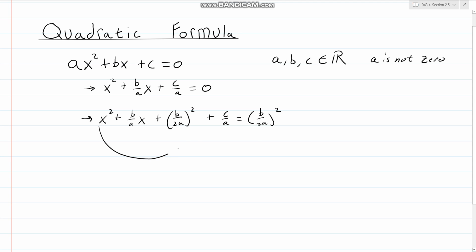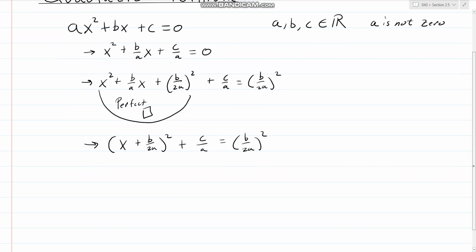Now, this is a perfect square, so I can simplify that or factor it. So that would be x plus b over 2a squared plus c over a equals b over 2a squared.